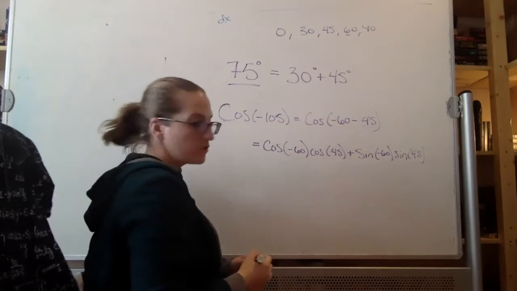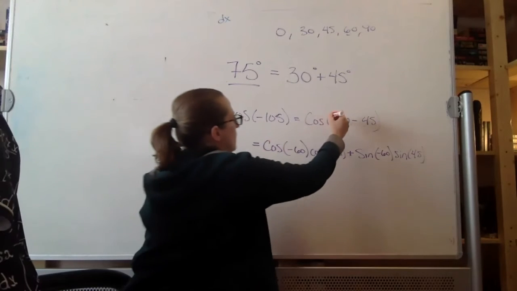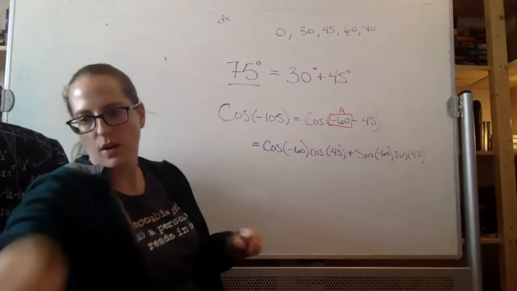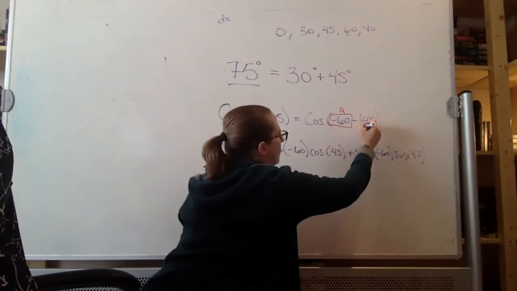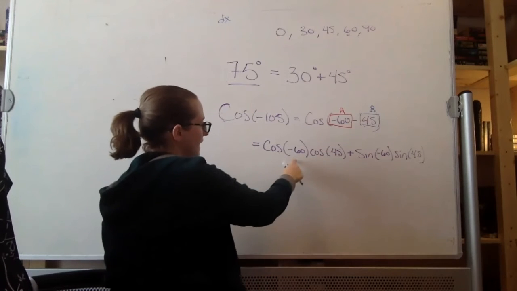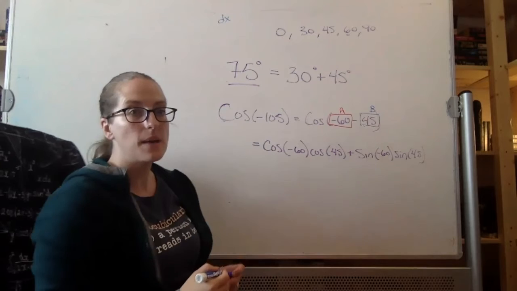In this case, this negative 60 is acting as our A in our equation, and 45 is acting as our B. And our formula says cosine A, cosine B plus sine A, sine B. So all I've done is substitute in.